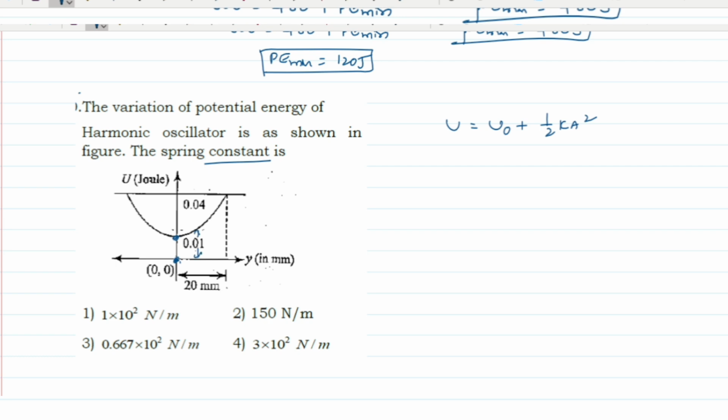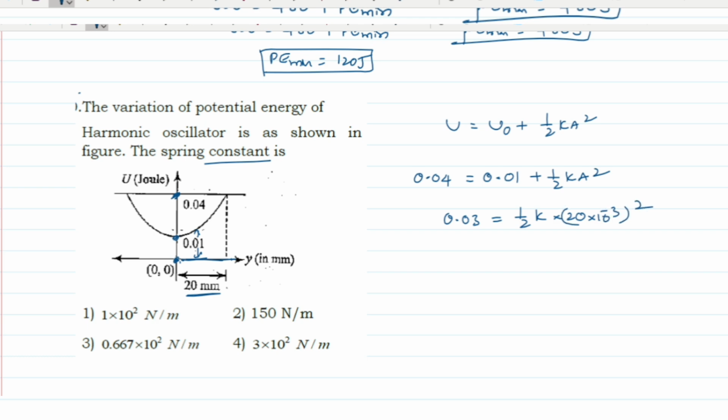So U is given as 0.04 joules, which equals U naught, given as 0.01 joules, plus half into K into A square. Then 0.04 minus 0.01 is 0.03, which equals half into K into amplitude, which is given as 20 millimeter, so 20 into 10 power minus 3 whole square.